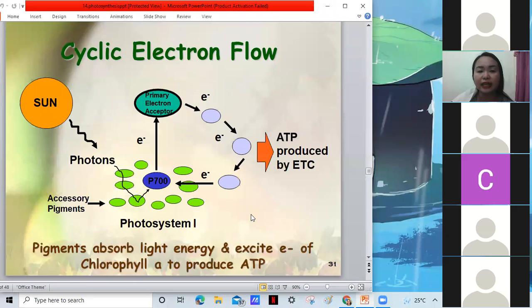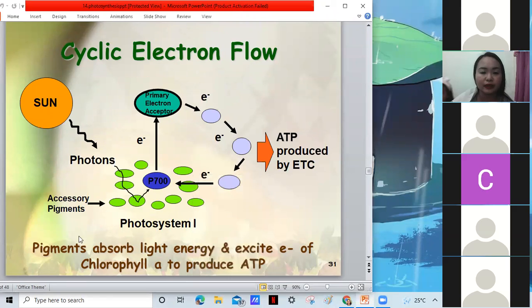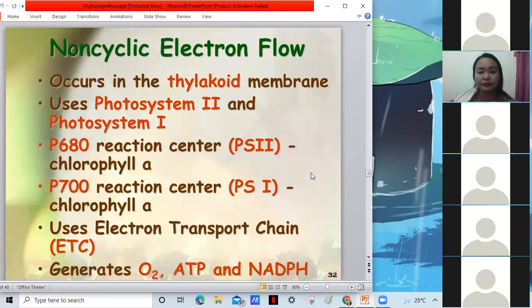And in the cyclic electron flow, as shown here, pigments absorb light energy in photosystem 1 and excite the electrons. They are excited in P700 of chlorophyll A, and this will produce ATP by the electron transport chain.